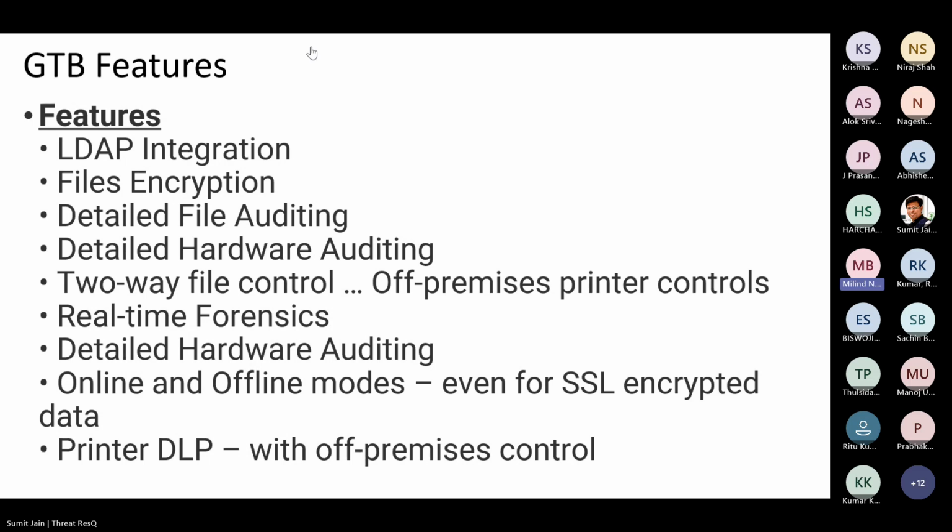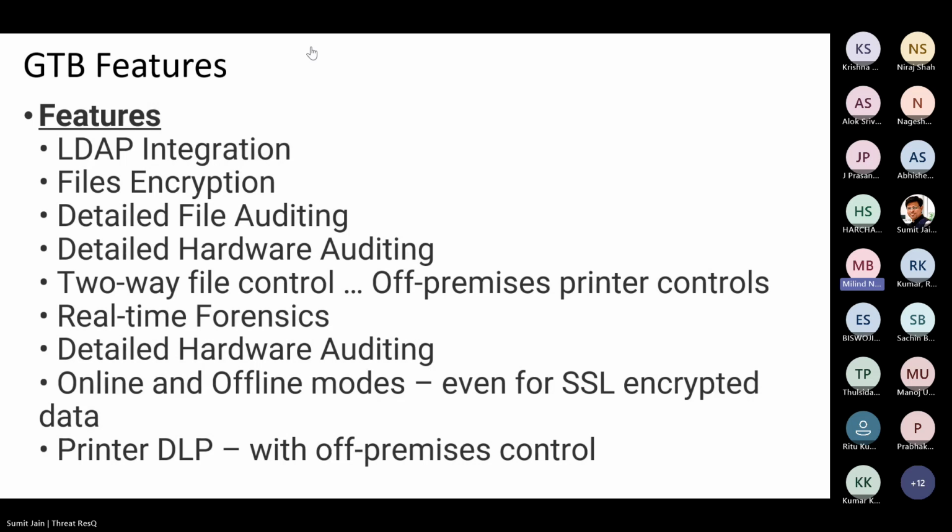The same can get populated and synced with the GTB DLP entities also. So accordingly, you can control those resources and apply the specific policy and delegation of the administration to the respective branch or OU.